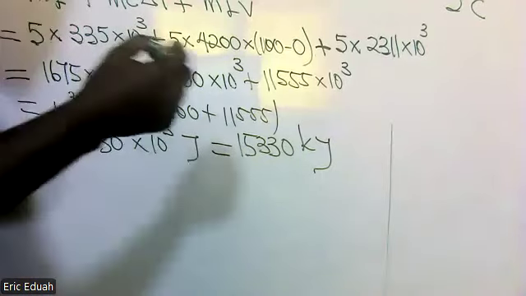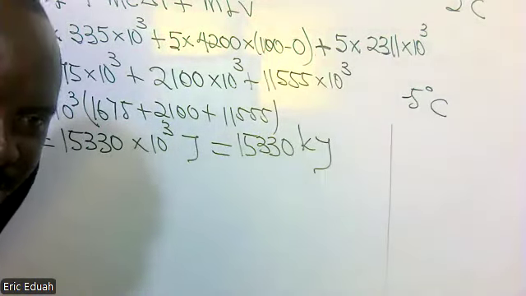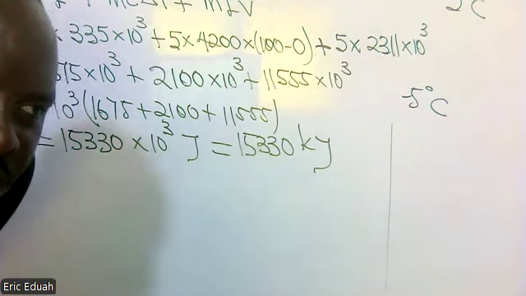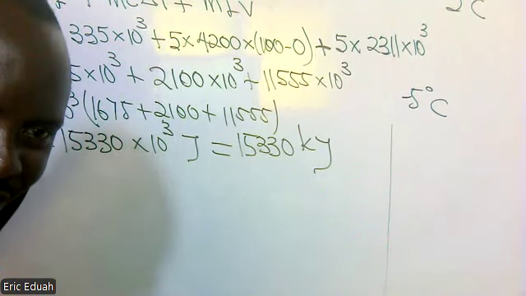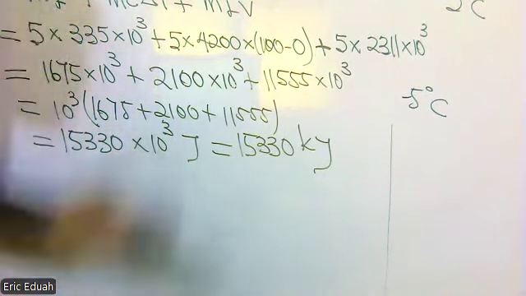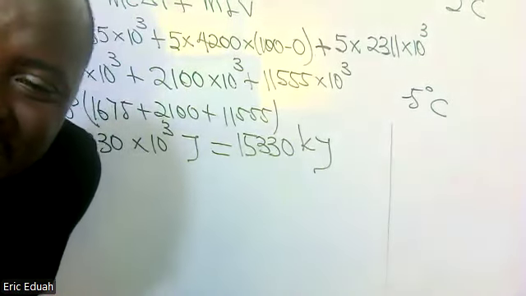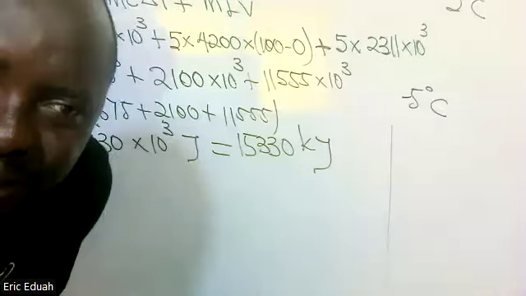If ice is at -5 degrees Celsius, then it must absorb heat energy in order to change its temperature from -5, because the moment the temperature gets to 0, change of state would begin.